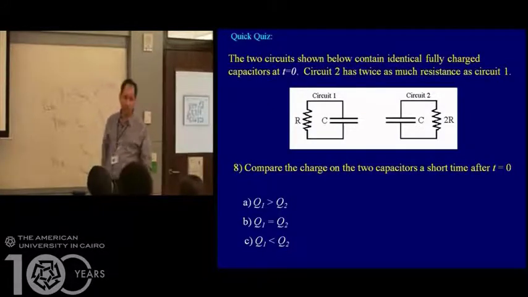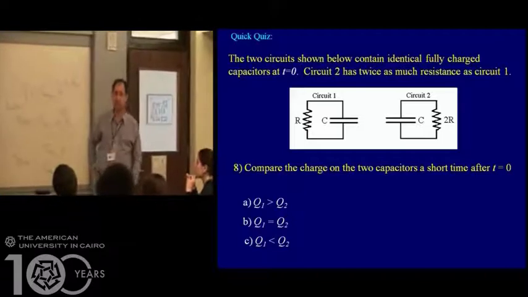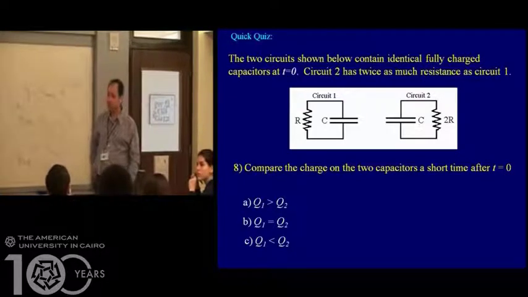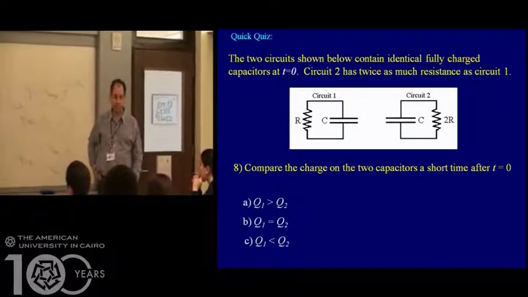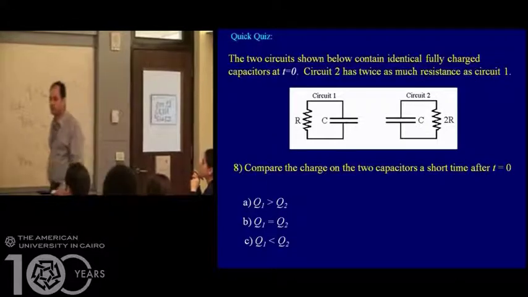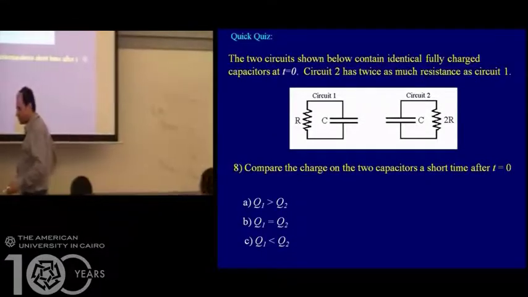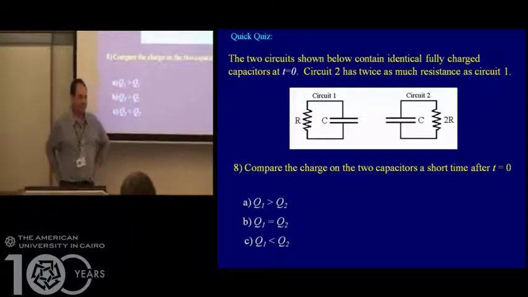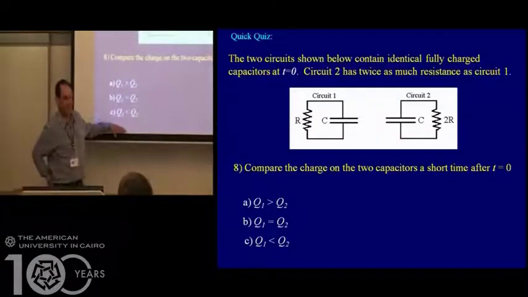Amr is saying C is the answer. Sharif changed his mind and he's saying that actually B is the answer. The two charges will be the same. So now we have three answers. That's even better. How about none of the above?